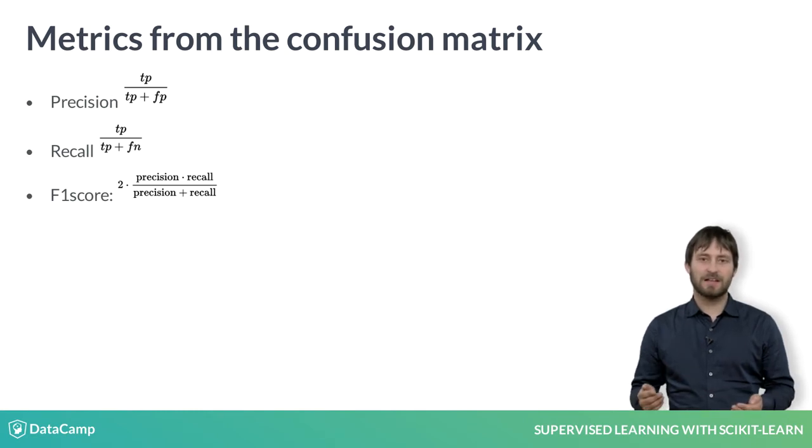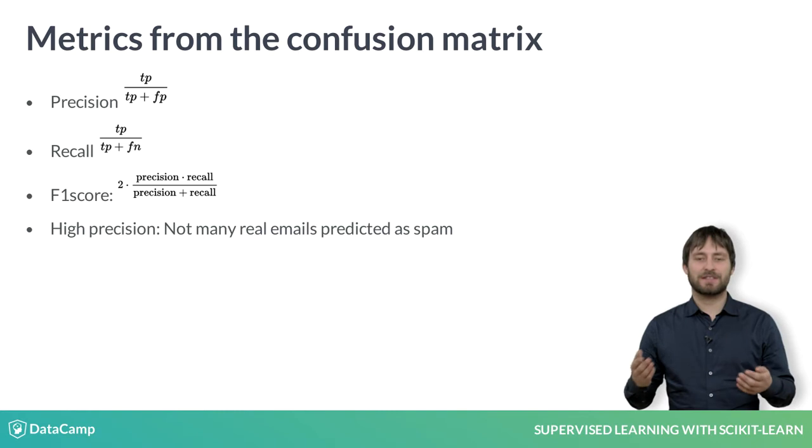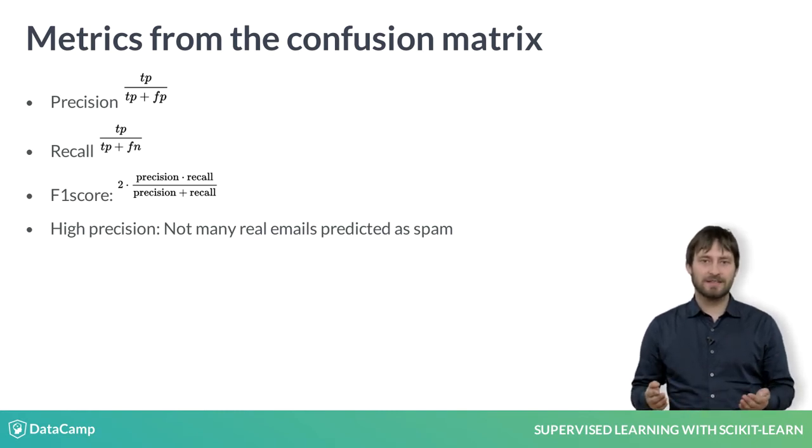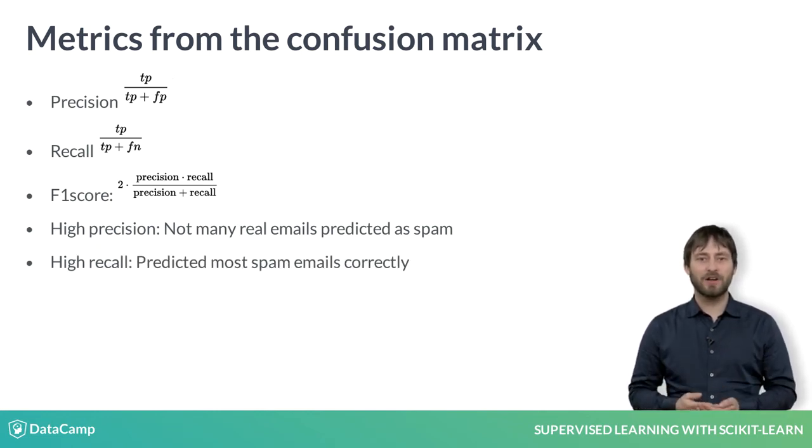In other words, it's the harmonic mean of precision and recall. To put it in plain language, high precision means that our classifier had a low false positive rate. That is, not many real emails were predicted as being spam. Intuitively, high recall means that our classifier predicted most positive or spam emails correctly.